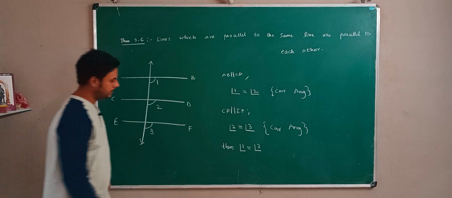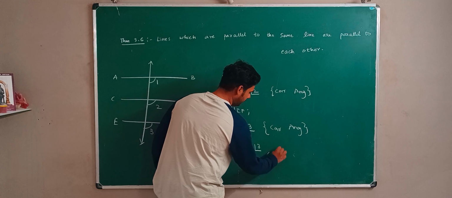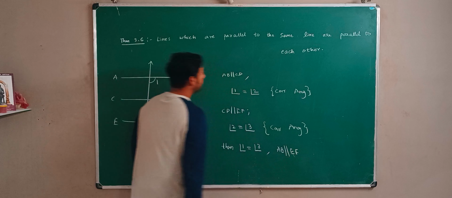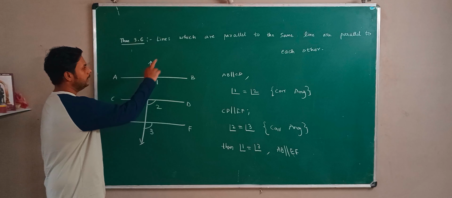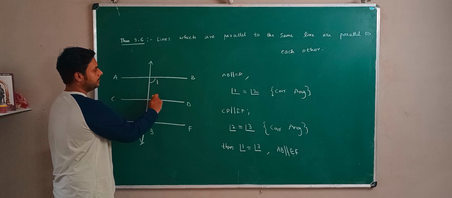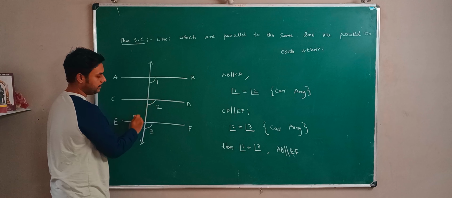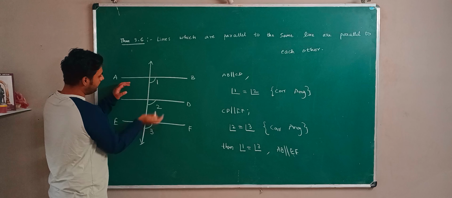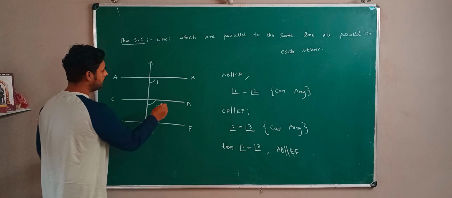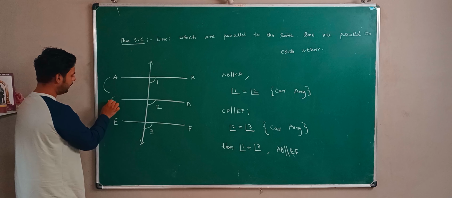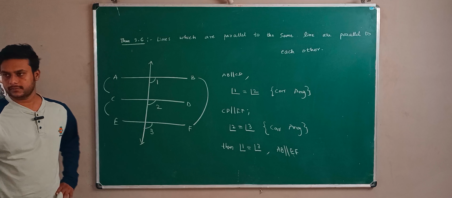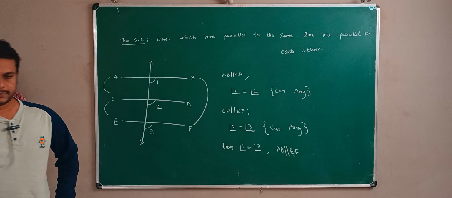Understood or no? Therefore, AB is parallel to EF. Now read it. Lines which are parallel to the same line are parallel to each other. AB is parallel to CD, CD is parallel to EF. First this was parallel to this, parallel to this. Lastly what became? This is parallel to this came. This we got. Understood or no? Right. Easy.